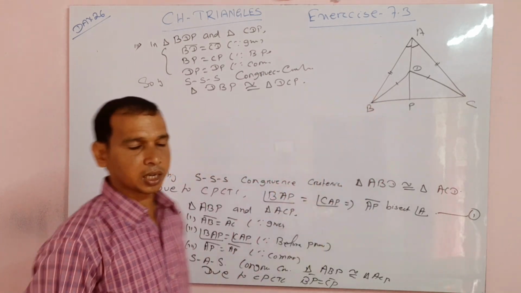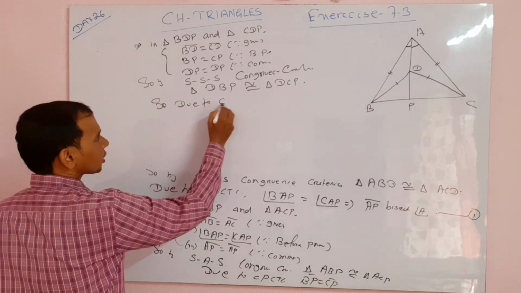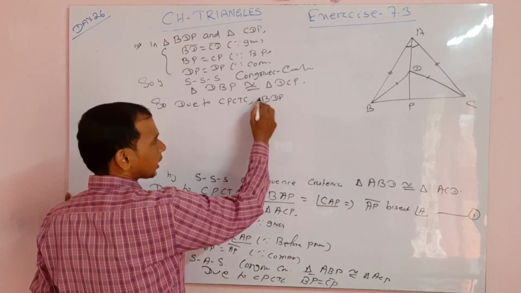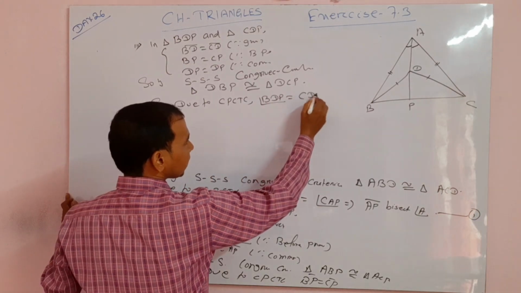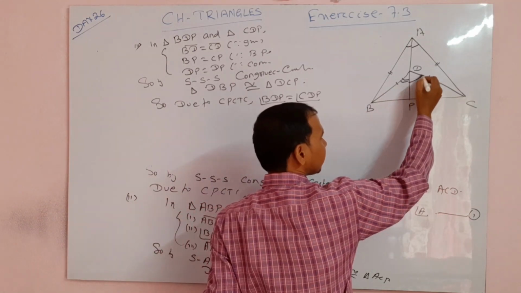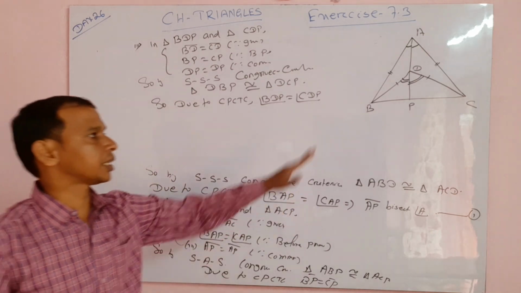As two triangles are congruent, so due to CPCTC, angle BDP is equal to angle CDP. This angle is equal to this angle. BDP angle equals CDP angle.